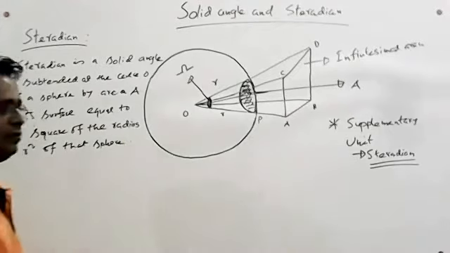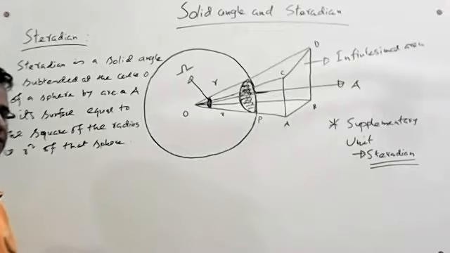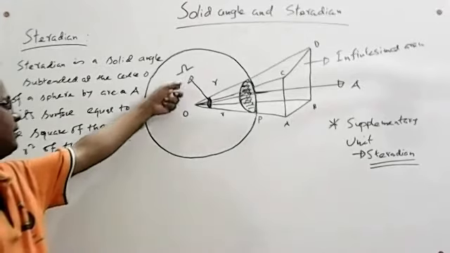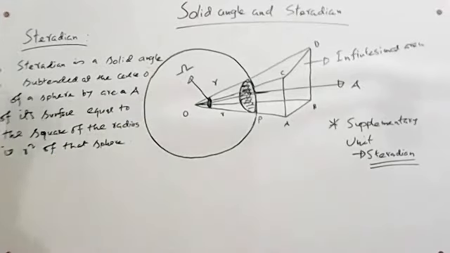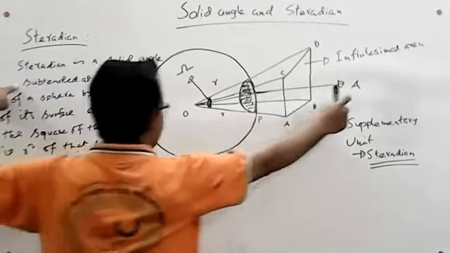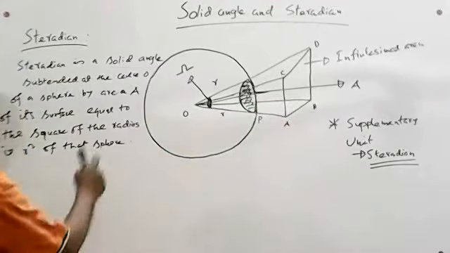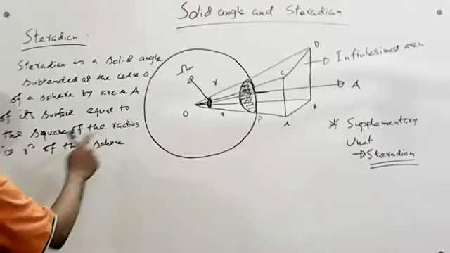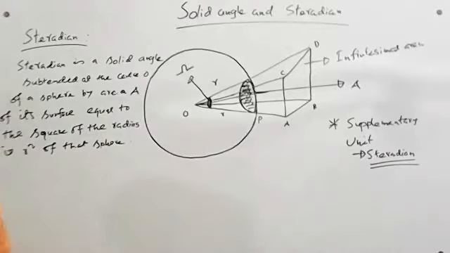So at first we define steradian, and then we go to the formula for measuring steradian. Here, steradian is a solid angle subtended at the center O of the sphere by this area A of its surface equal to the square of the radius, that is r square of the sphere.